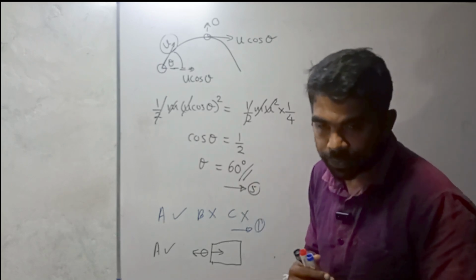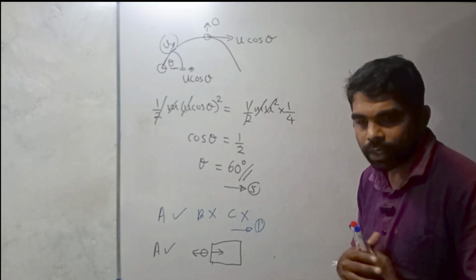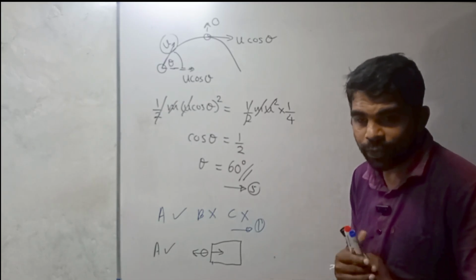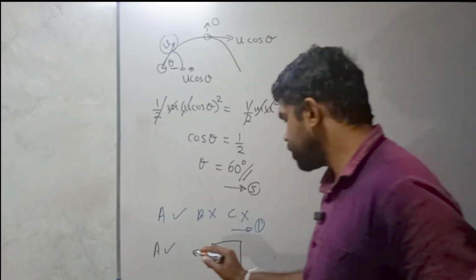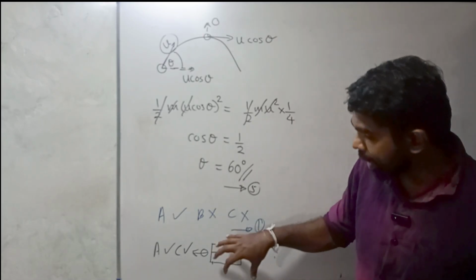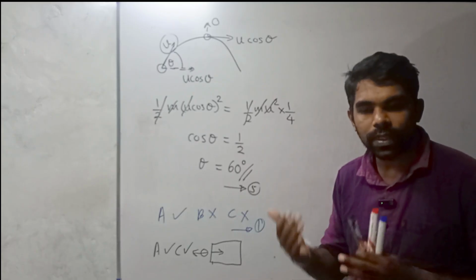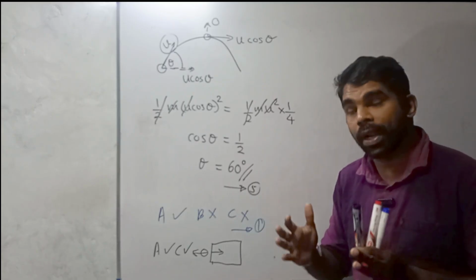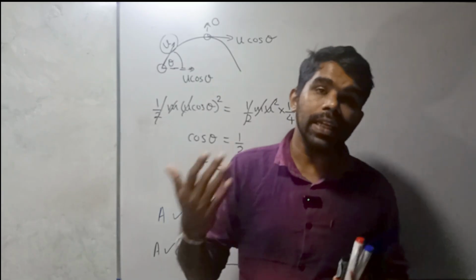Then part B, the law of conservation of energy is valid for the collision. Yes, it is also correct. But when considering mechanical energy, it will not be conserved because there is a kinetic energy loss. But that kinetic energy loss is converted into another energy type.